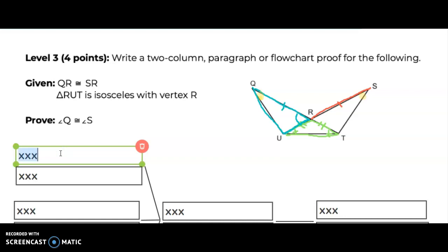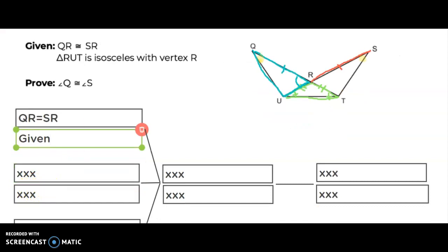So regardless, we know that QR is equal to SR. Okay, and that's given to us. The next thing we would know, let's just mark this 1 and 2 just for ease of identifying. Let's say angle 1 is equal to angle 2.